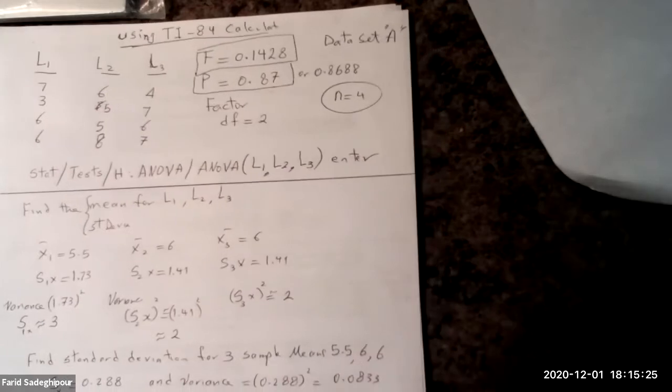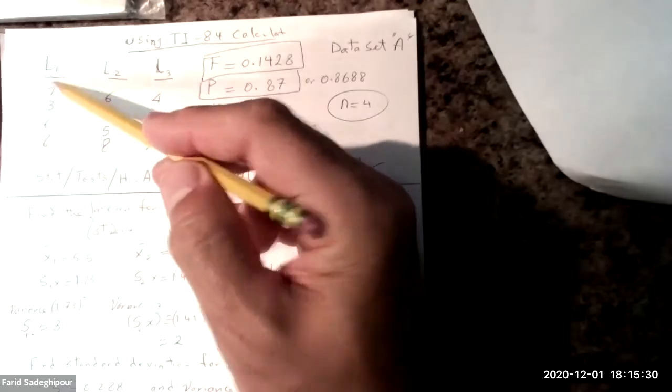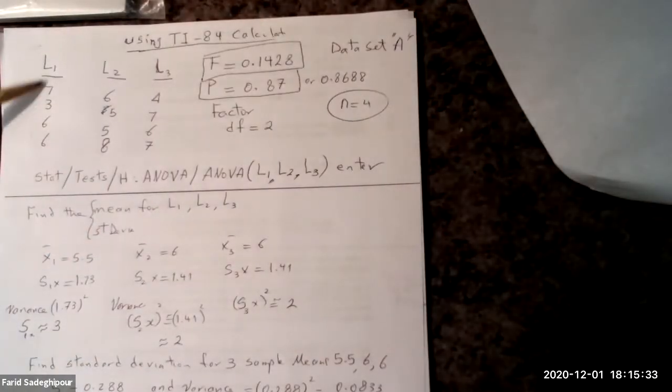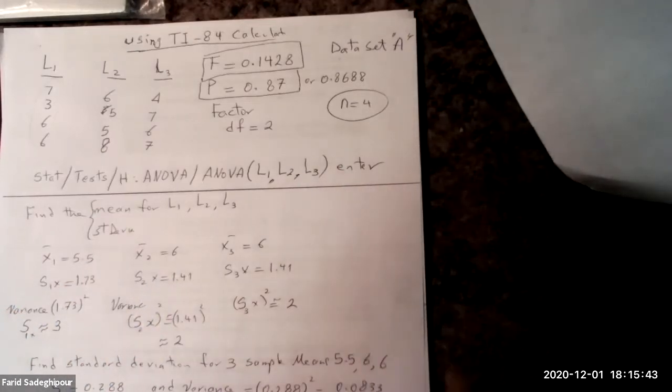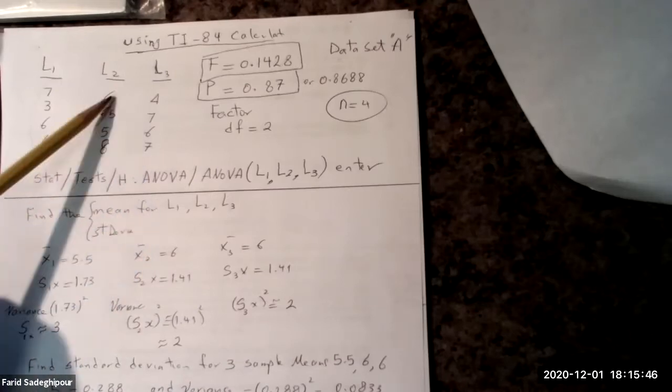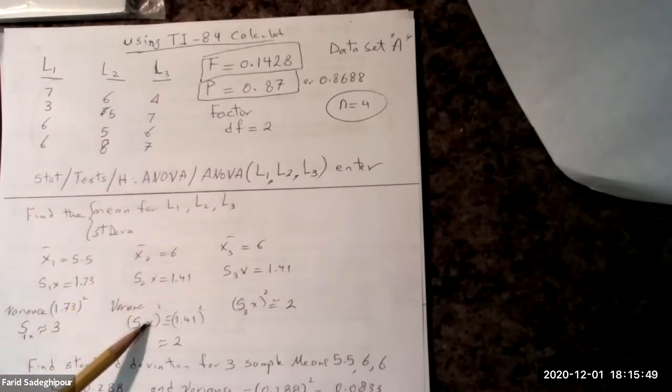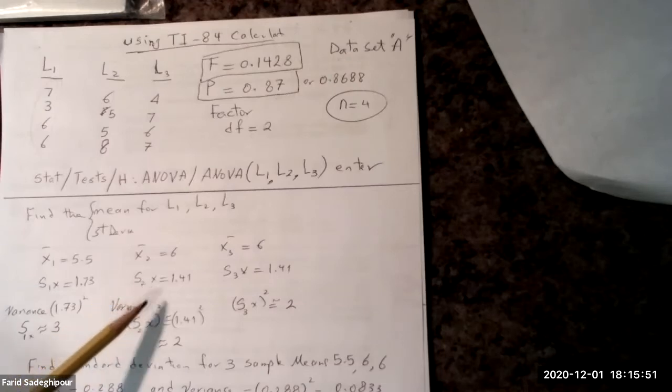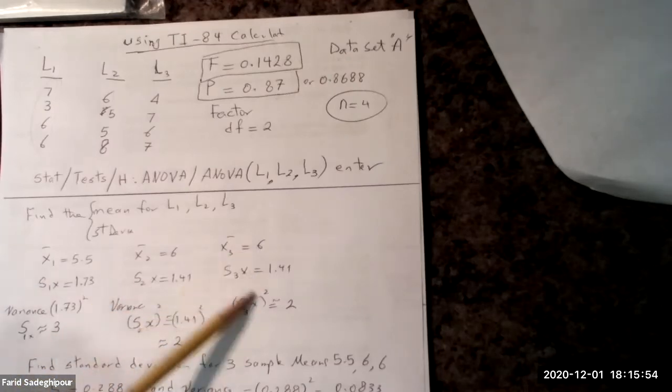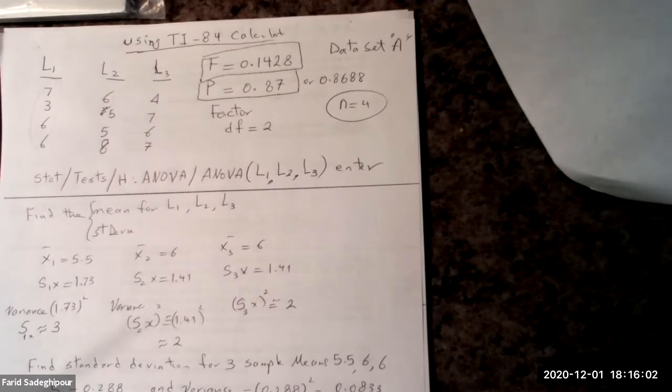If you want to do the hand calculations, the way to do it is, for each of these, you find your mean and standard deviation or variance. So for the second list, you find the mean and the variance. The standard deviation to the power of 2 is the variance. And then you take the average of those three.